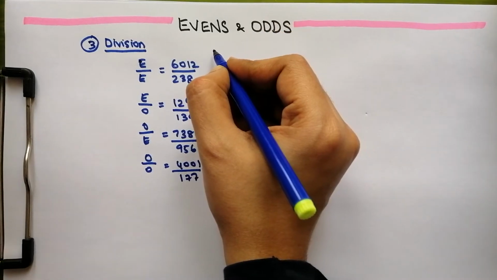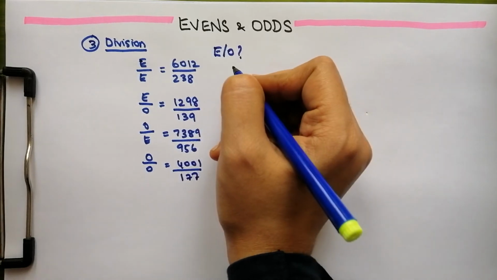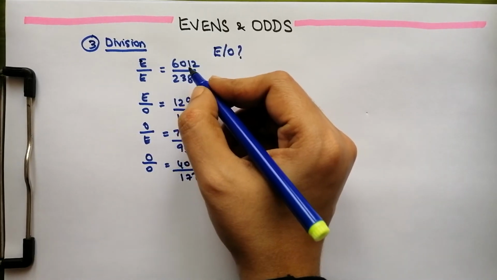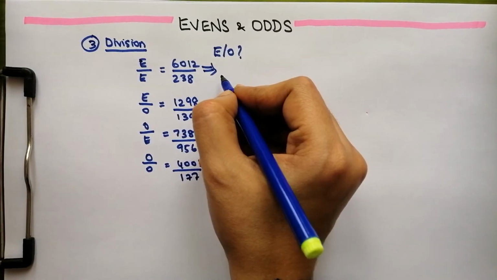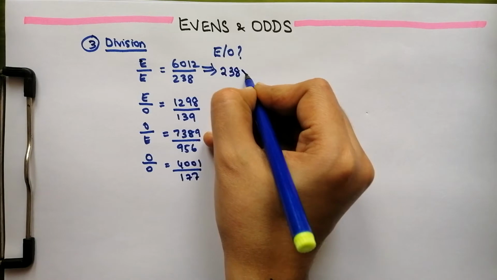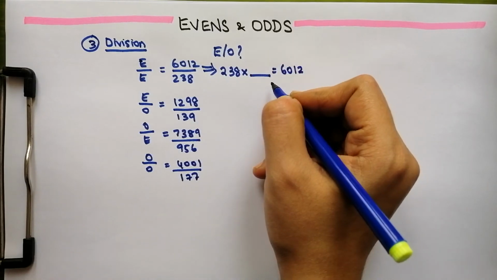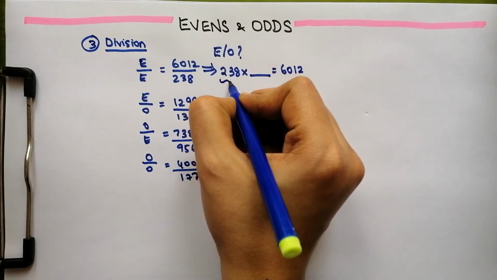Here we are going to see whether the result will be even or odd. Let's elaborate this a bit for our understanding. We can write this as 238 into some number equal to 6012, right? So this number is an even number.